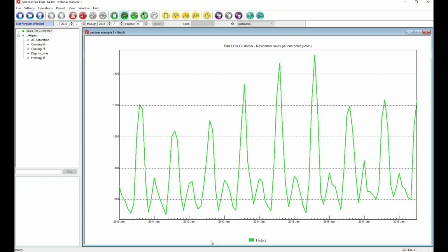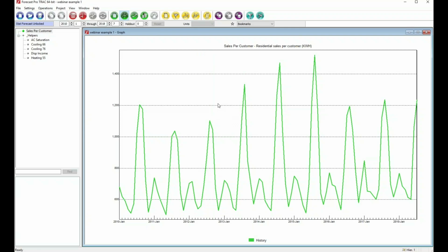If we look at the data, it looks very regular. But what's really striking are these peaks that you see happening pretty consistently right in the summer period. The peak is typically right in August. And if you think about your electric bills, that's also the peak of your electric bill.